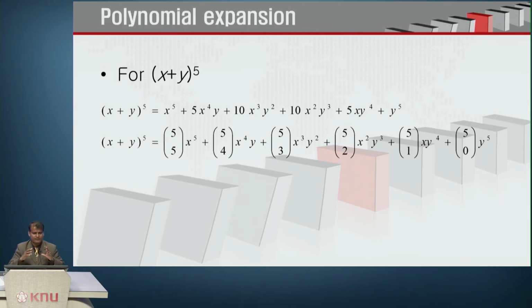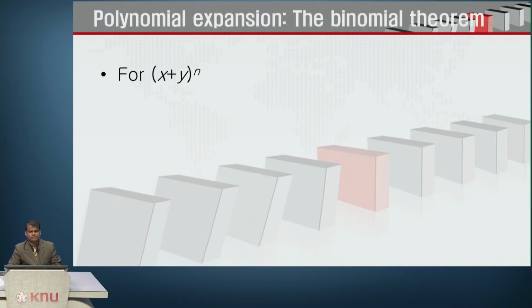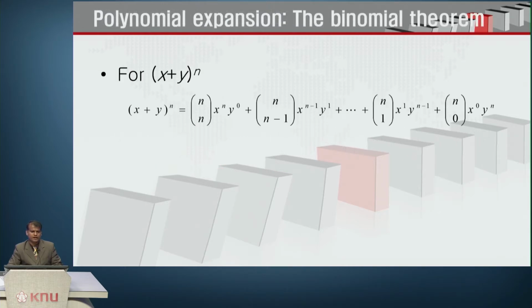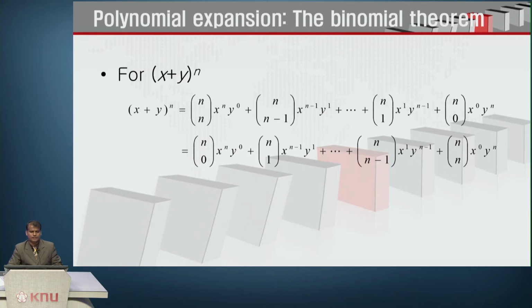When I say 5 and 5, it's like 5 choose 5, 5 choose 4, 5 choose 3, 5 choose 2, 5 choose 1, 5 choose 0. That's the notation we use to express it. Generally speaking, we can write it in this form: n choose n, n choose n minus 1, and so on. This is the general form of the polynomial expansion with respect to the binomial theorem.